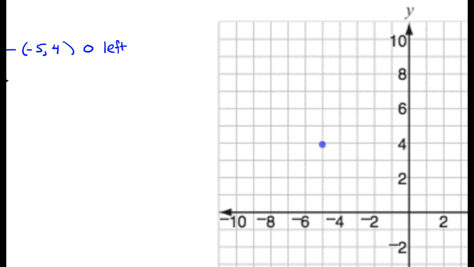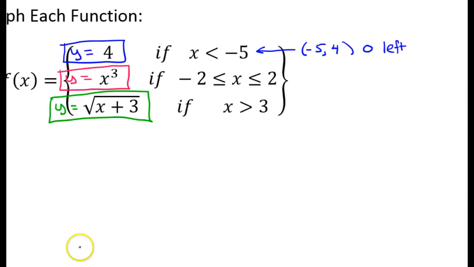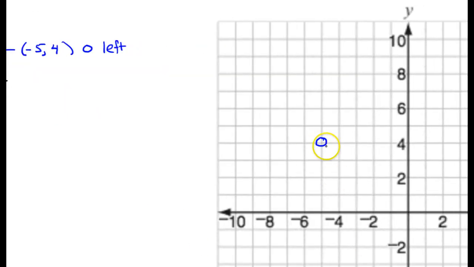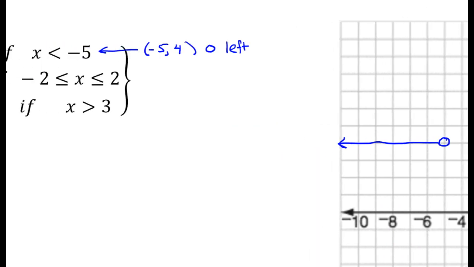So here's negative 5 comma 4. Here's an open circle. So listen, the function y equals 4 is a horizontal line at 4. We've memorized that. But we want the left part of the line. So we will draw our horizontal line going to the left, and that is it for the blue piece of the piecewise function.